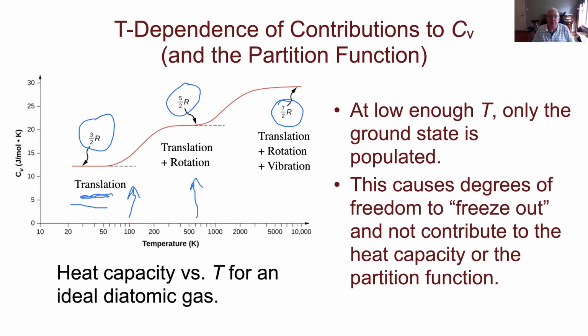But as I start from the 10,000 Kelvin end of things, I start cooling and I freeze out the vibrations first, so that by 500 or 600 Kelvin, that's all over with. And I'm back on the second plateau. Cool farther, and eventually I start freezing out the rotation. So at very low temperatures, I'm left with only the translation. To freeze those out of my heat capacity, I'd have to cool down to very close to 0 Kelvin, because the spacing of the translational energy levels is very, very small.